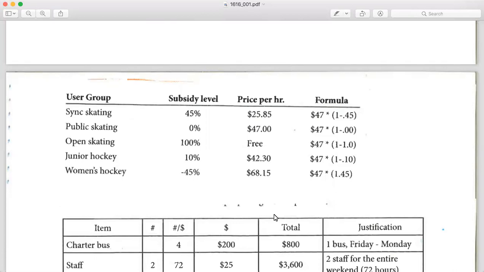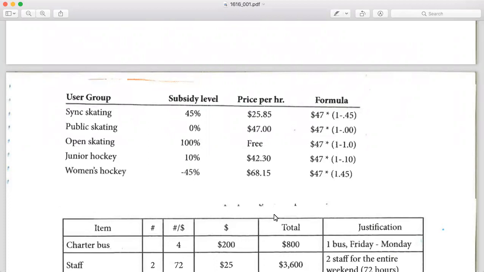So here's an example using the skating program right here in front of you. If you had the subsidy level at 45% and you had your unit cost, which is $22.85, the formula I just gave you would be P is equal to the unit cost, which is 47, times 1 minus S, 1 minus 0.45.